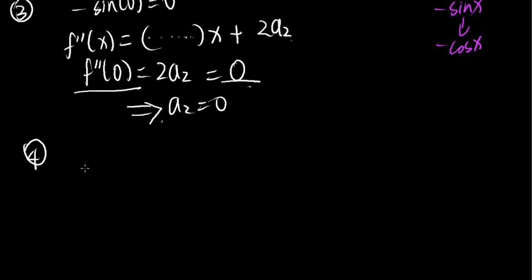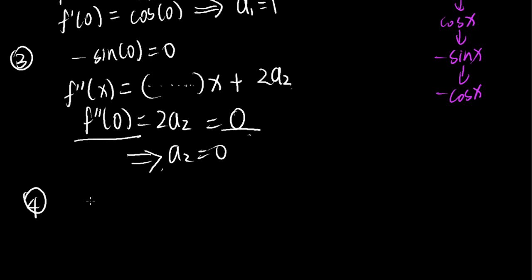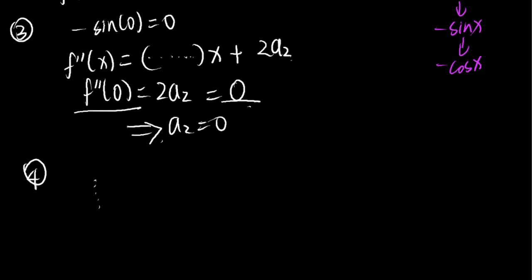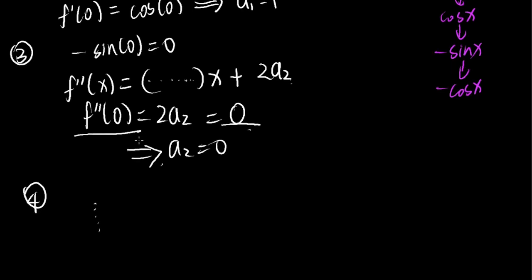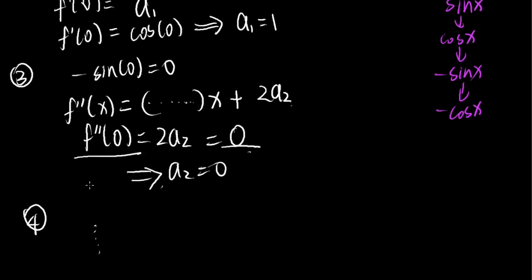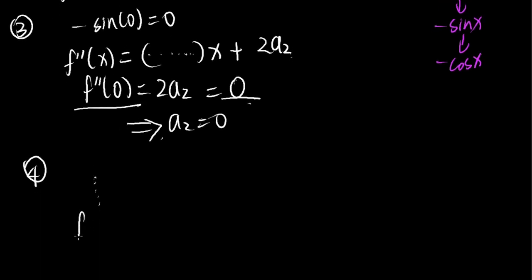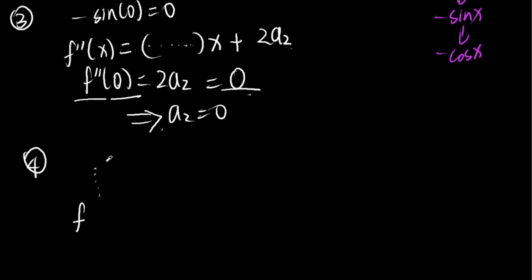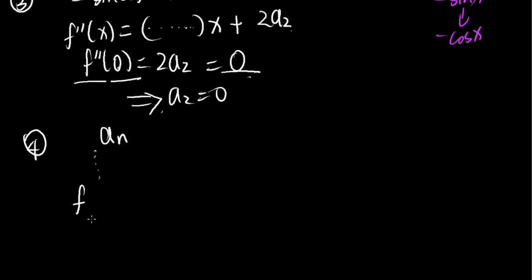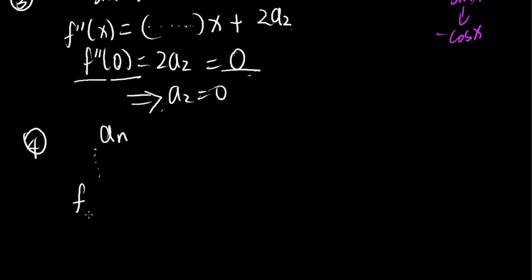Then we can look at the next term. You can keep on going, and the key observation is, let's quantify it. For a_n, the coefficient of the polynomial we want to determine, our method is to find the nth derivative of f(x).